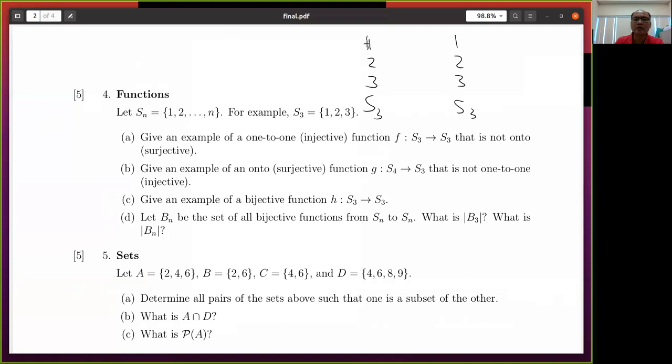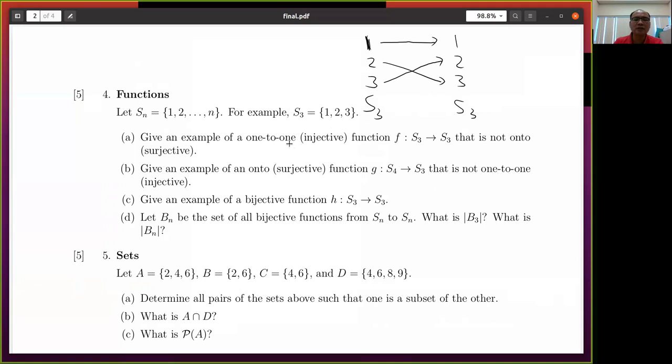I want to make a one-to-one function. Okay, 1 to 1, remember, means that no two arrows go to the same spot. So this is a 1 to 1 function, but it's also onto. Can I actually make a function that is 1 to 1 but not onto?